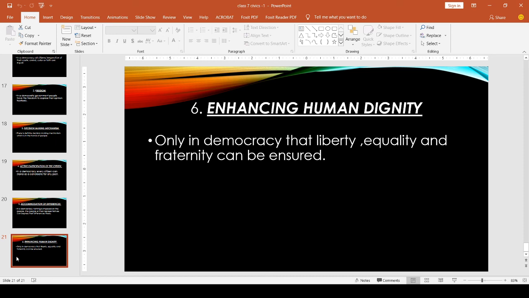So all classes of people should get the benefits. All classes of people are considered equal. And because of this economic liberty, economic equality, economic fraternity, the poor people are also protected.